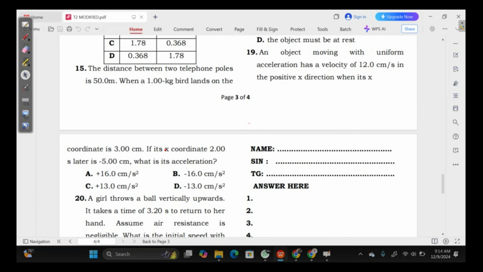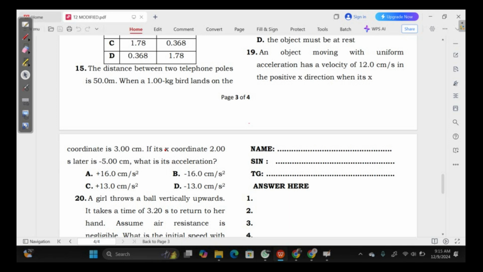So 12 centimeters per second. Then they are saying if its x coordinate 2 seconds later is negative 5 centimeters, what is the acceleration? Let's first try to understand the question.